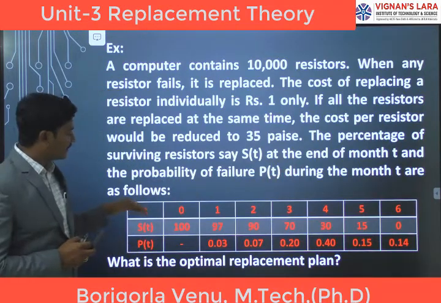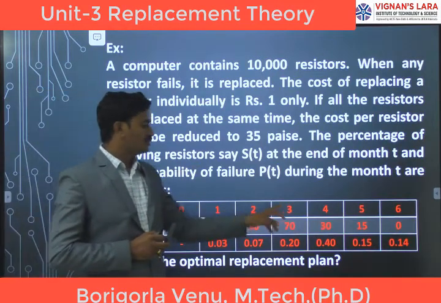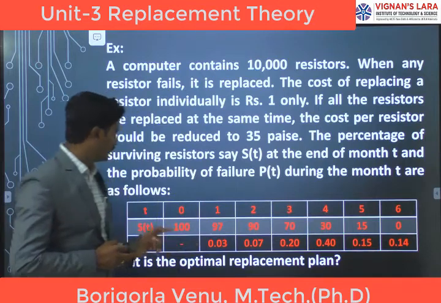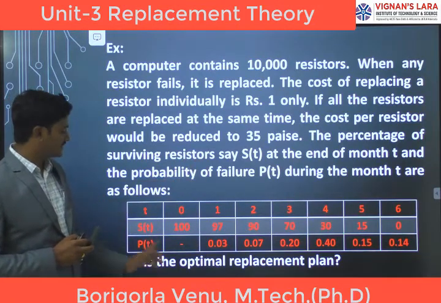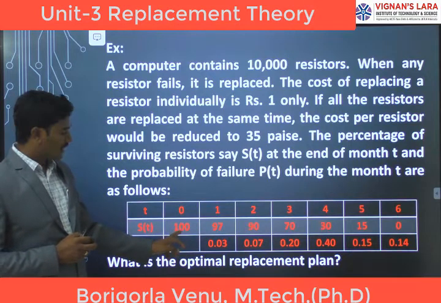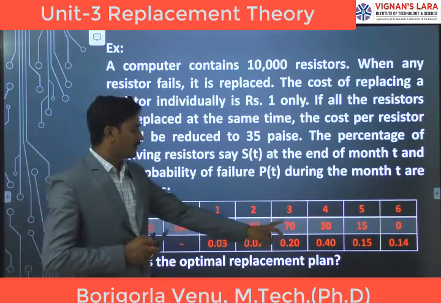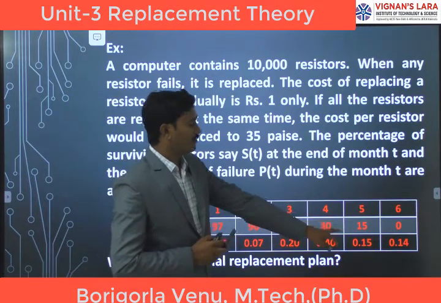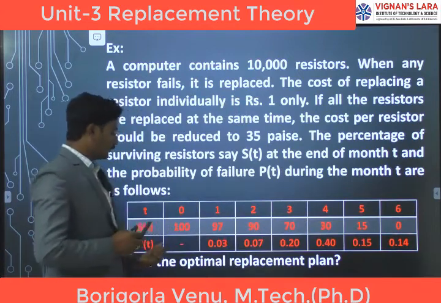Here they are given t, that is the time period, that is the month: 0, 1, 2, 3, 4, 5, 6 months. Next, S of t, the surviving resistors percentage: at the 0th month 100, first month 97, second month 90, third month 70, fourth month 30, fifth month 15, and sixth month 0. Next, coming to P of t.